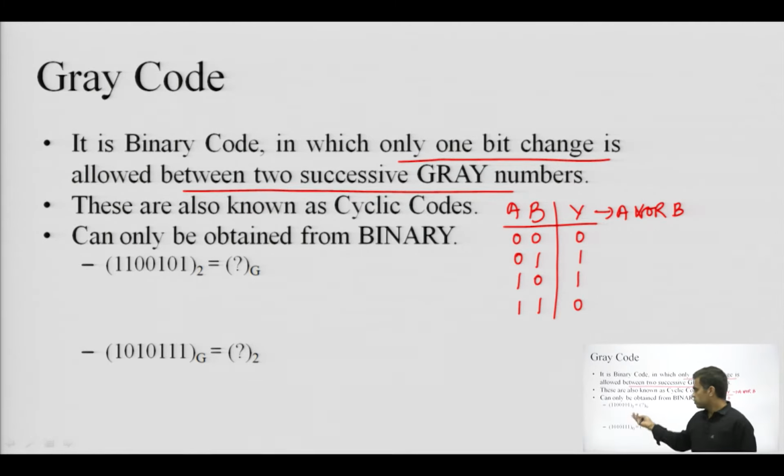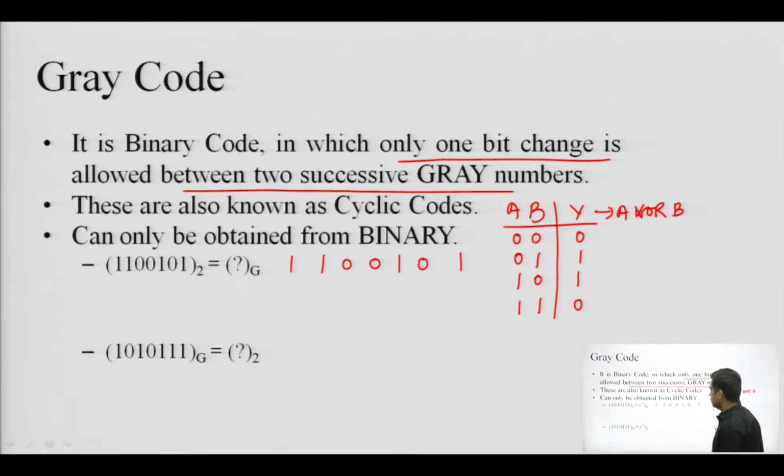Okay. So, first of all, we are covering the conversion part, how to obtain a gray number from a binary number. So, let us suppose we are provided with this binary number 1100101 and we are supposed to convert this binary number into a gray number. So, the rule is, I am just writing these bits at some spacing for greater clarity, 1 1 0 0 1 0 1.